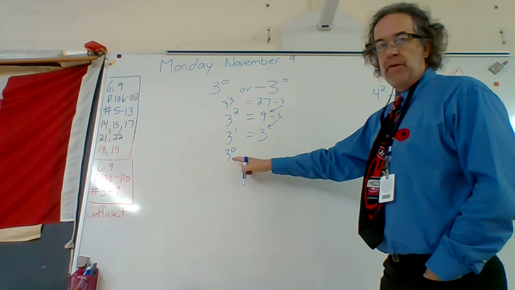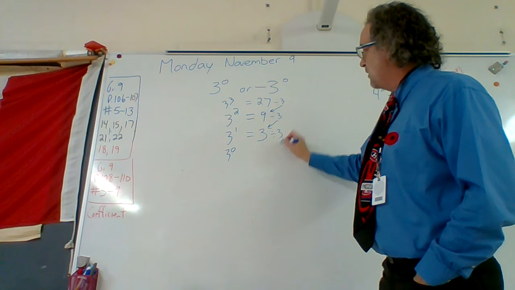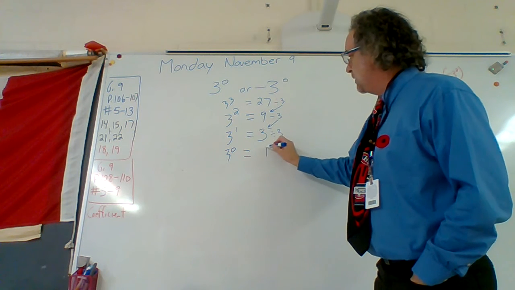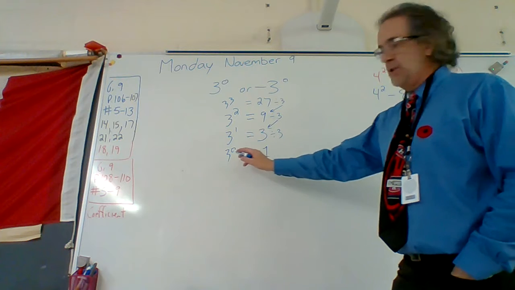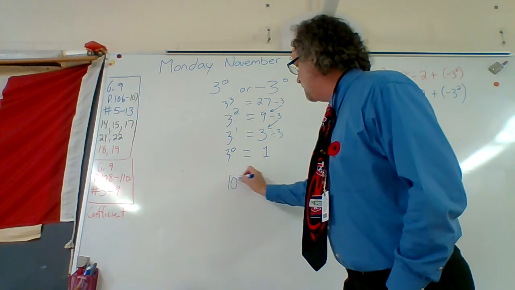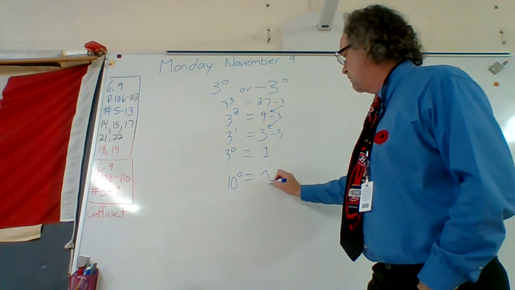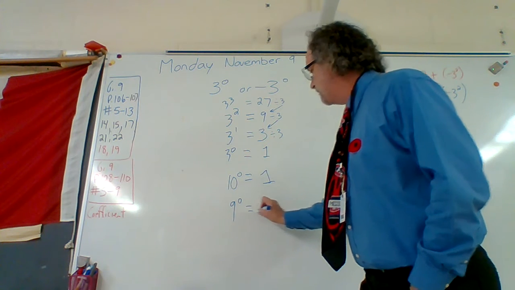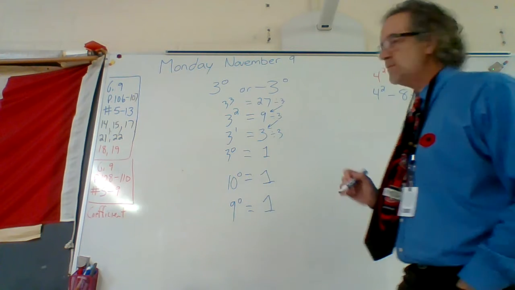So to find out what 3 to the exponent 0 is, divide this 3 by 3, and 3 to the exponent 0 is 1. Any number to the exponent 0 is 1. So 10 to the exponent 0 equals 1. If I had 9 to the exponent 0, you guessed it, 1.